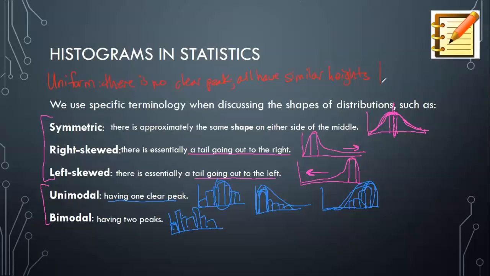So that's when you have a situation where you have something like this, and it's all pretty similar heights. That's called uniform. So I'll give you guys 2 more minutes to finish writing down these vocabulary words here.